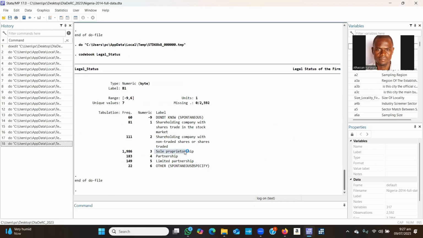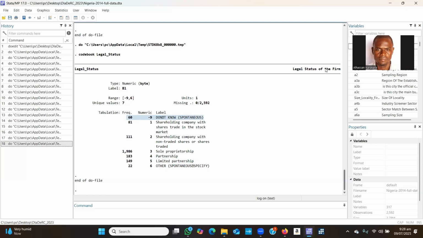Others are sole proprietorship kind of business. Others are partnership. Others too are limited partnership. Then this category are saying other, and the other could be anything that is not shareholding, not sole proprietor, not partnership, but it's other business, perhaps family sponsored or whichever way. Then we have these top guys, 60. They are also saying they don't know.